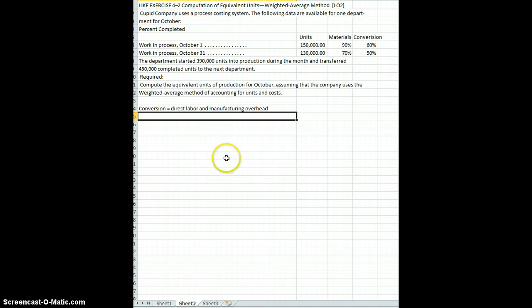And we're going to work this problem. It says the department started with 390,000 units into production during the month and transferred 450,000 completed units to the next department. What's required is to compute the equivalent units of production for October, assuming that the company uses the weighted average method for accounting for units and costs.